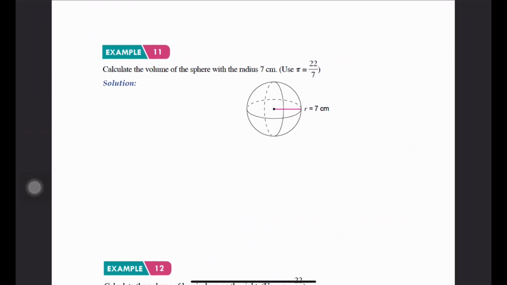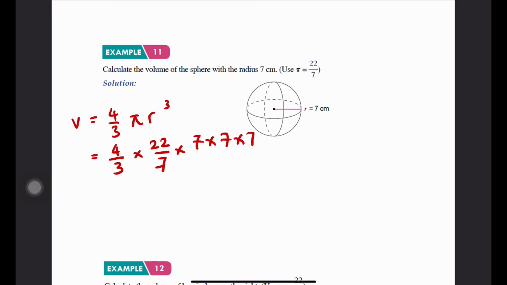Now, let's look at example 11. Calculate the volume of the sphere with the radius of 7 centimeter. Now we know that the volume of a sphere is 4/3 pi r cube. So let's substitute the value. 4/3 times pi, which is 22/7, r is 7, so 7 times 7 times 7.